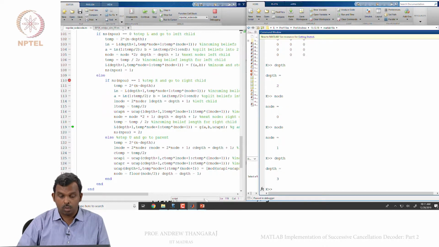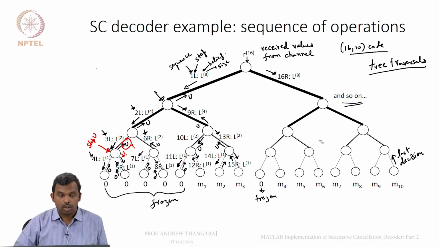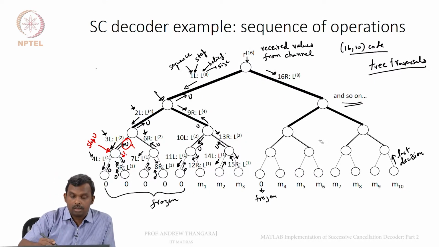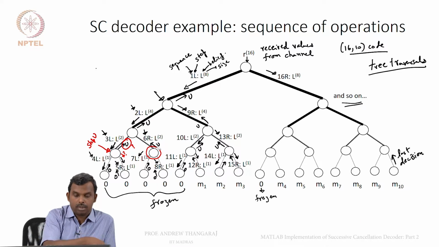Okay, so what is node 1 at depth 3? So maybe you can see what is node 1 in depth 3. So it has come here, and node 1 it's come here. Okay, it's come to this guy, and did it come there?